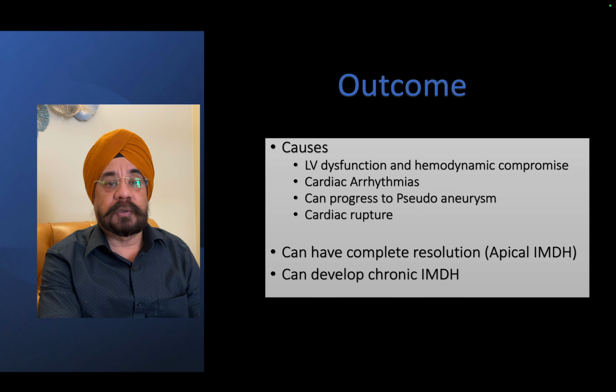It can lead to serious ventricular arrhythmias, and it can progress to a pseudoaneurysm and also can produce a cardiac rupture in the subsequent few days. Now, another side of the story, it can resolve spontaneously and you don't see anything after about a month or so, or it can form in a chronic format where fibrosis happens and you see a layered kind of thing in the LV apex.